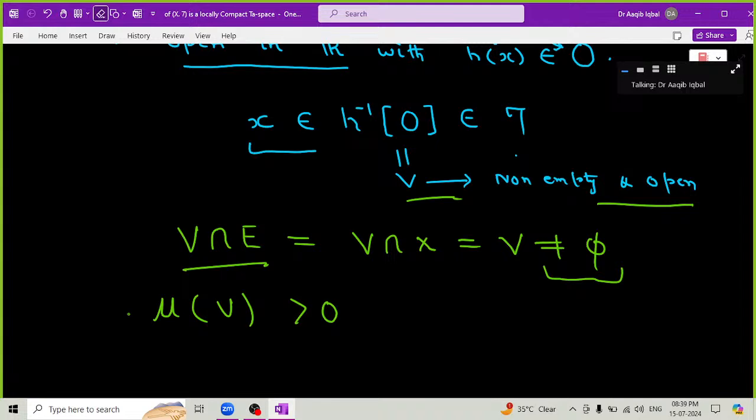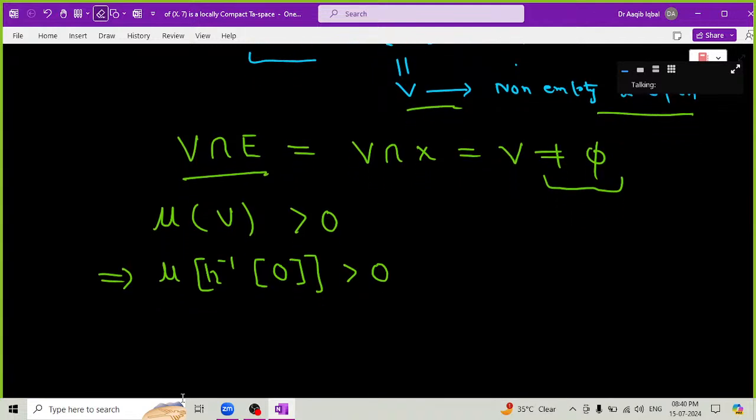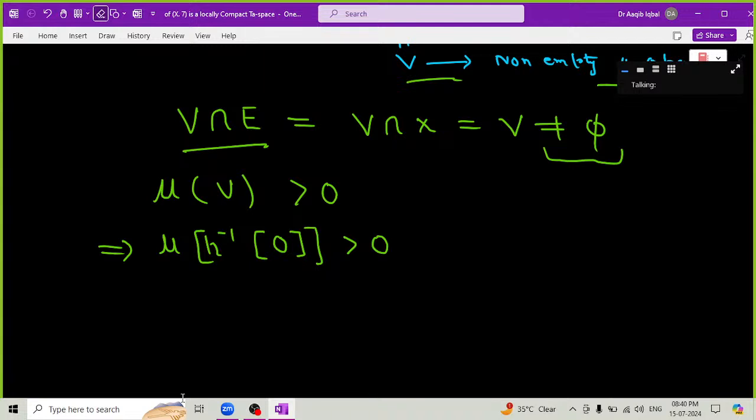Okay? So it will be positive. Now what is V actually? V is actually h inverse of O. So this means the measure of h inverse of O will be positive. Now what is h inverse O by definition? By definition it's the set of all those x's, I should write something else because I'm using x for something else, so I'll use u. It's the set of all those u's in X such that h of u belongs to O. And what is O?